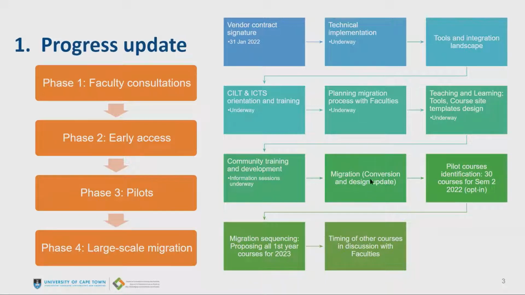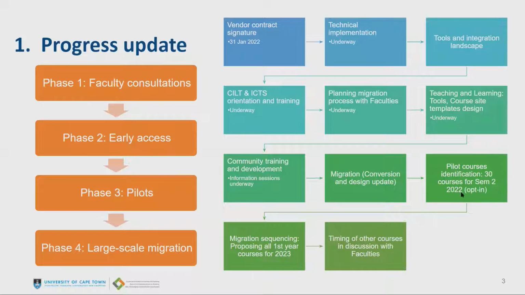The full migration process only begins at the beginning of next year. There is a selection of pilots. I think at the moment we're about up to 32 pilots that will be piloted in the second semester of this year, but the complete migration only starts officially next year.